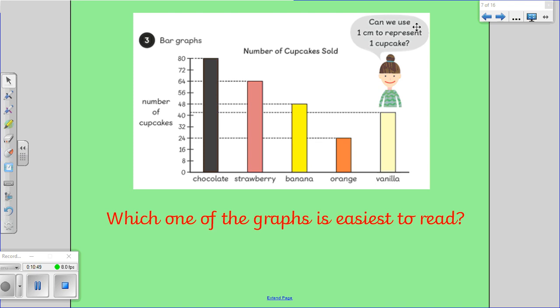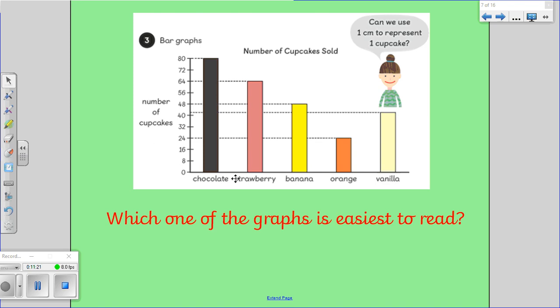The question is, can we use 1 centimetre to represent 1 cupcake? So here we can see 1 centimetre represents 8. Would we be able to just use it for 1 cupcake? Well, if 80 is our amount of chocolate cupcakes, if we were doing just 1 cupcake for each centimetre, that would be a very large bar graph, wouldn't it?